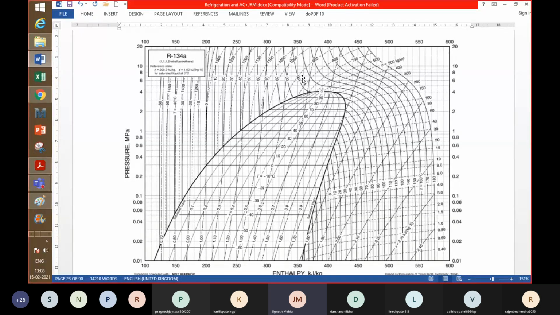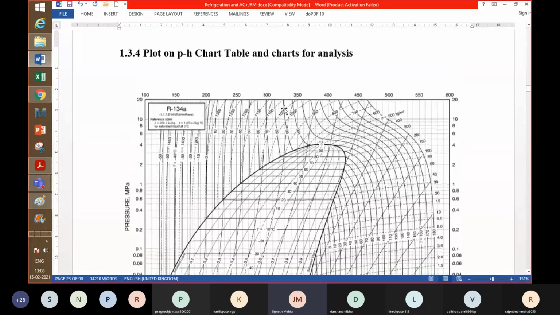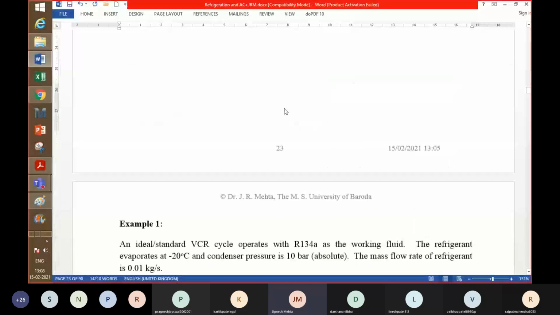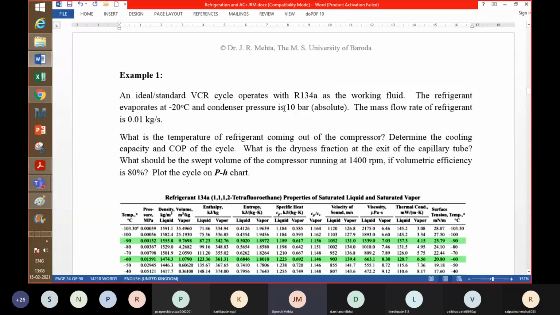Whereas for the pH chart, the plots for different parameters like temperature, pressure, enthalpy, etc. are available. So it's normally conventionally plotted on the pH chart. So let's see how you can plot the cycle talked about in the example on this chart.